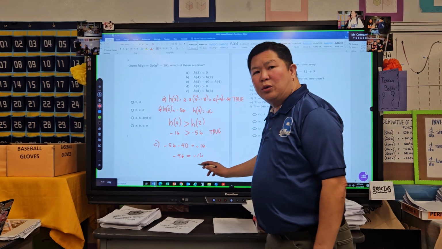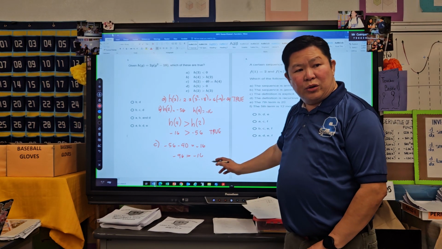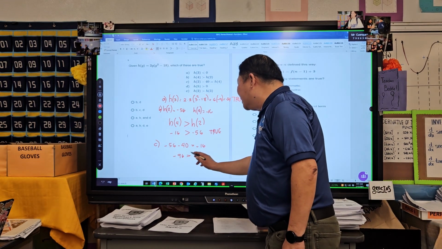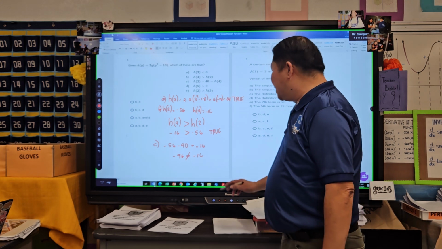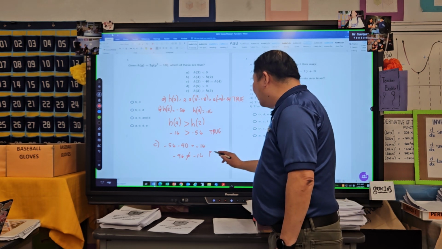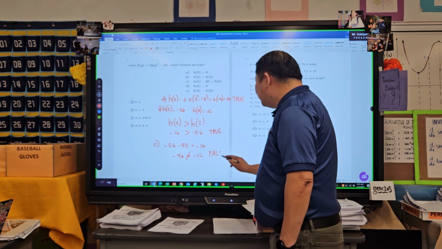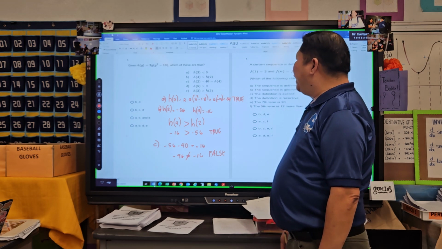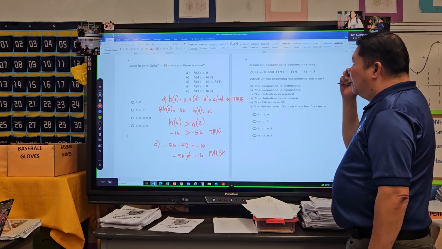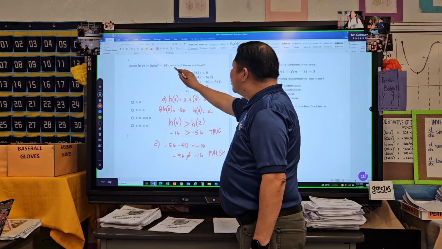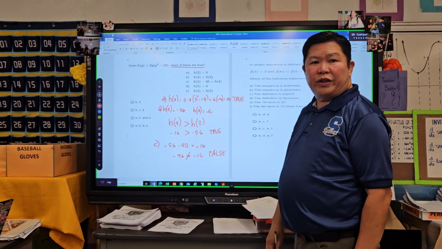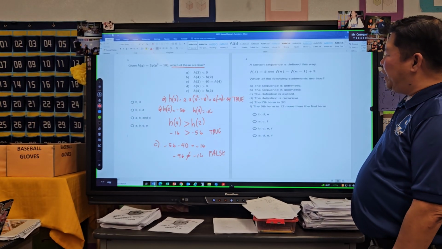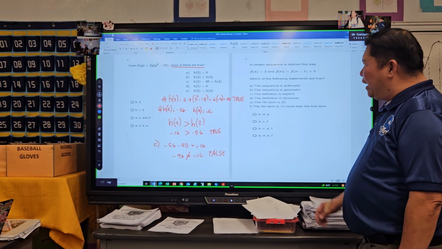Is the statement true? This is not true, right? Because negative 96 is not equal to negative 16. So letter C is a false statement. Okay. So we are looking for the true statement, right?